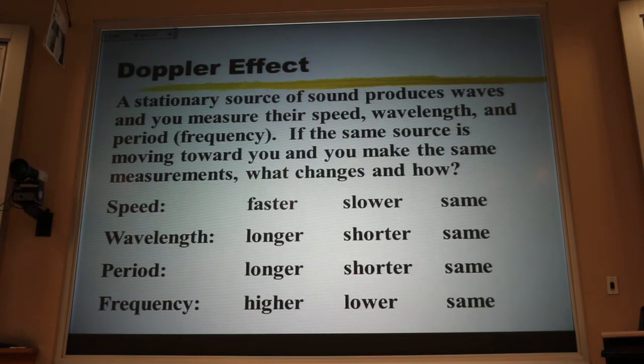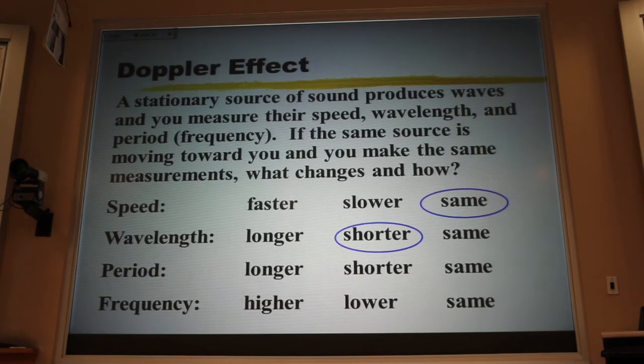What about the speed of the wave? Same. The speed of the wave is only determined by the temperature of the air in this room. Now the wavelength, because those compressed regions are bunched together, the wavelength will be shorter.